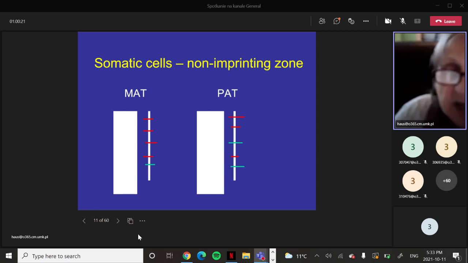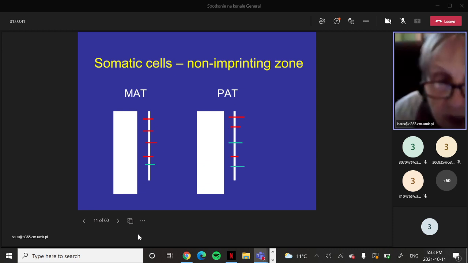The third gene has one allele which is active from the mother, and one allele which is inactive from the father, because, for example, of a heterozygous mutation of this gene. And the fourth gene is active, both alleles are active.